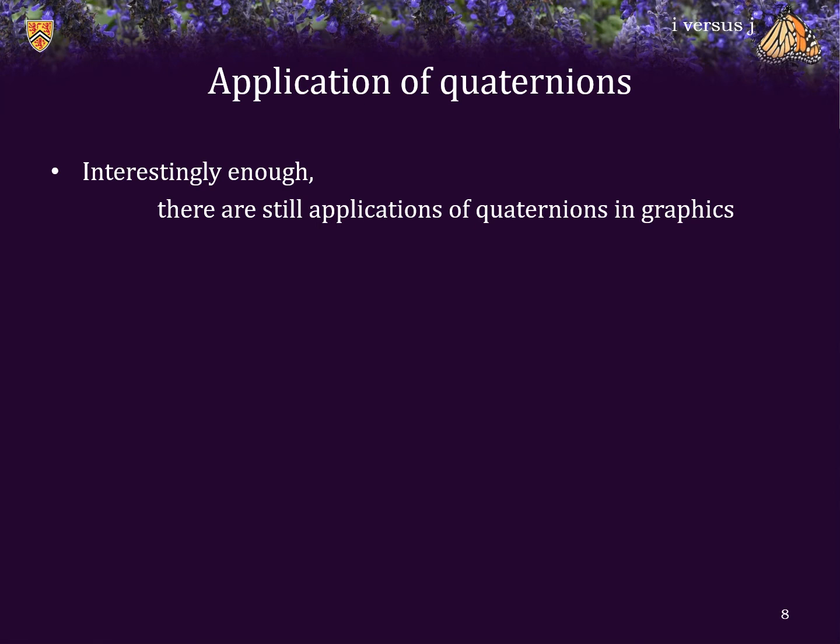Now, interestingly enough, there still are applications of quaternions in graphics. For graphics, well, graphics are in 3 dimensions. So let's throw out the real part. Assume the real part is 0 and we just are left with some real number beta times i plus a real number gamma times j plus a real number delta times k.